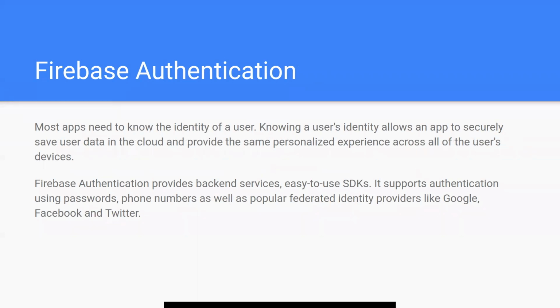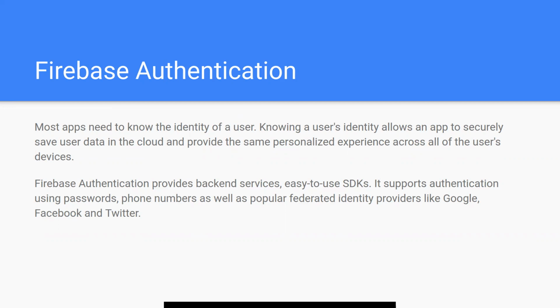As you know, most apps need to verify users' identity for security purposes. We need to be able to have, for example, an email and a password for a user and allow him to connect to our app so we can identify him and know which resources he has access to.